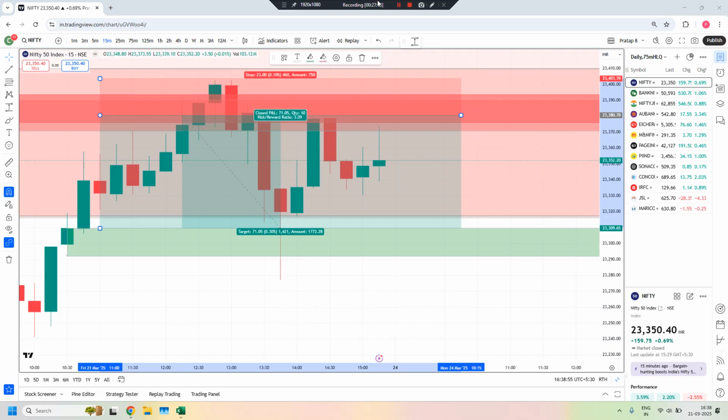Just 0.1%. So this is the reason why we should increase the buffer round off values when the price value is increasing. Hope you have understood now.